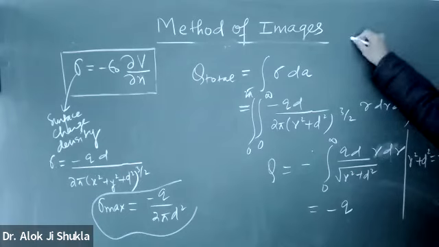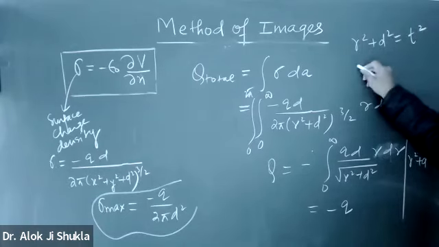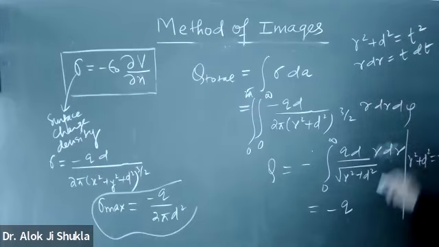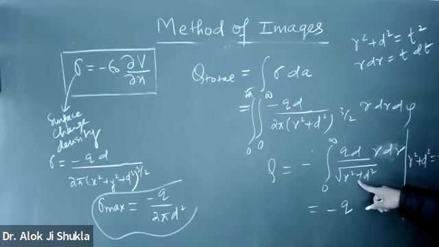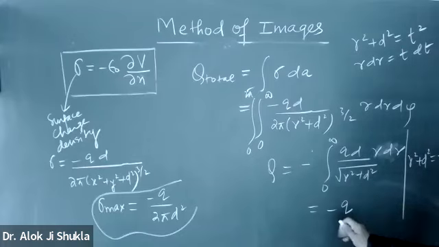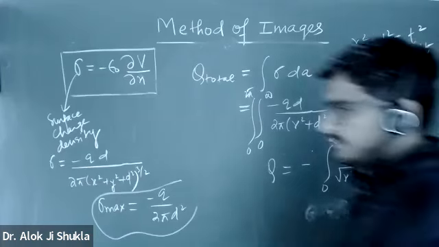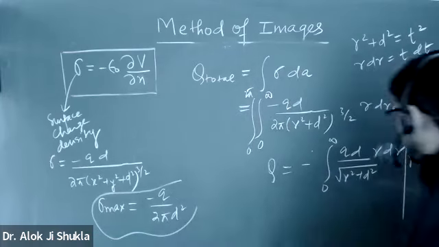You will take r square plus d square is equal to t square. So r dr will become t dt. So here for r dr put t dt and the denominator will become t cube. Let me do it for you. Please ask if there is any doubt.